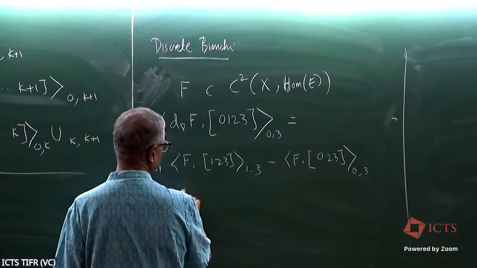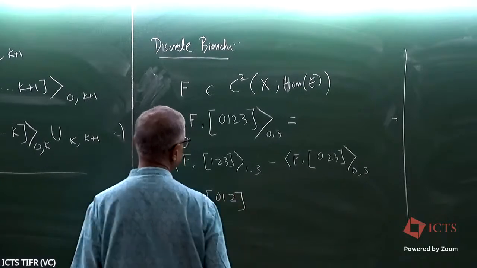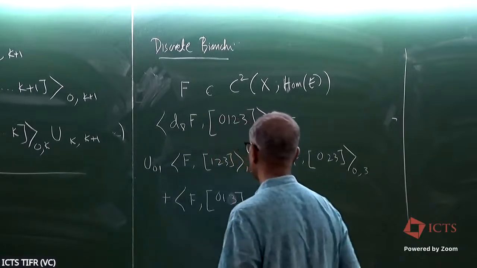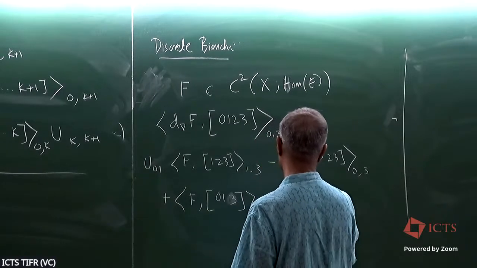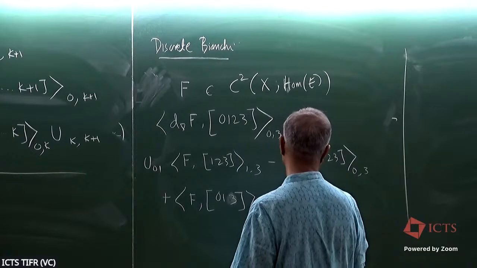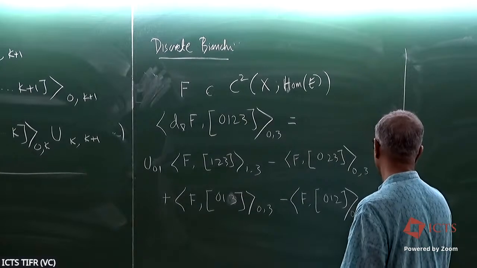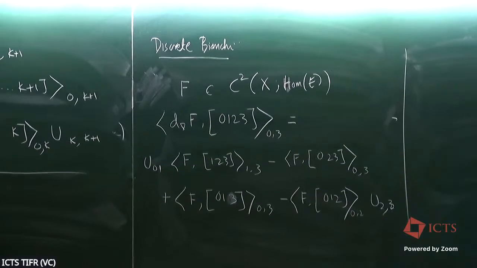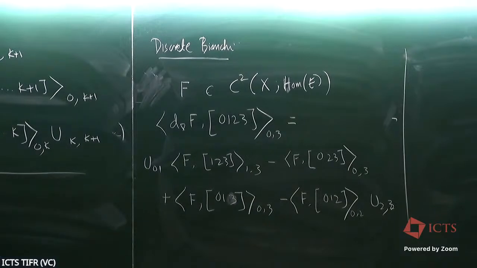plus F at 0, 1, 3, sorry, 0, 1, 3, which is a map from 0 to 3, minus F at 0, 1, 2, which is a map from 2 to 0, so we need to add a map from 3 to 2. But we already know what the curvature definition was. The curvature evaluated on a triangle was going the long way minus going the short way.